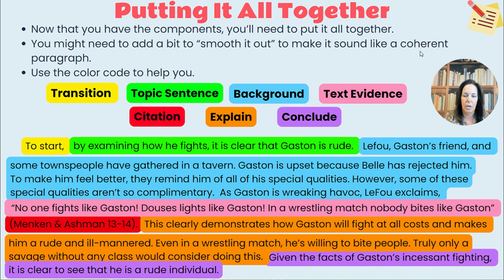In a wrestling match, nobody bites like Gaston." Menken and Ashman, 13 to 14. This clearly demonstrates how Gaston will fight at all costs and makes him rude and ill-mannered. Even in a wrestling match, he's willing to bite people. Truly, only a savage without any class would consider doing this. Given the facts of Gaston's incessant fighting, it is clear to see that he is a rude individual.